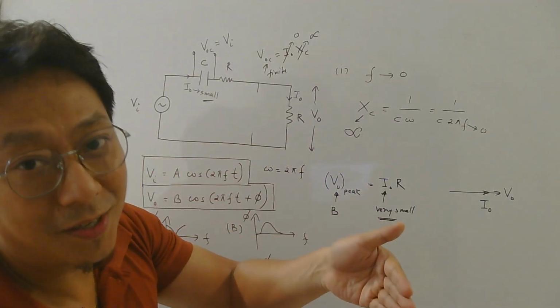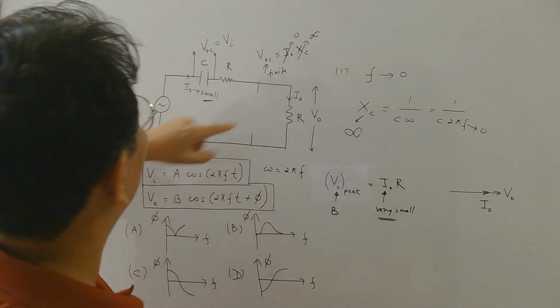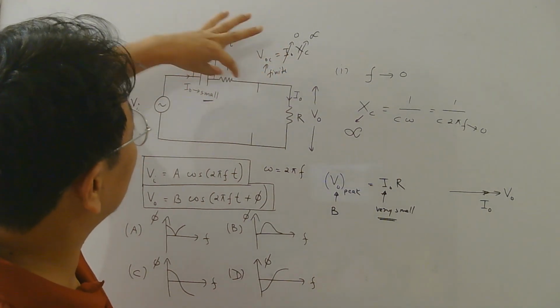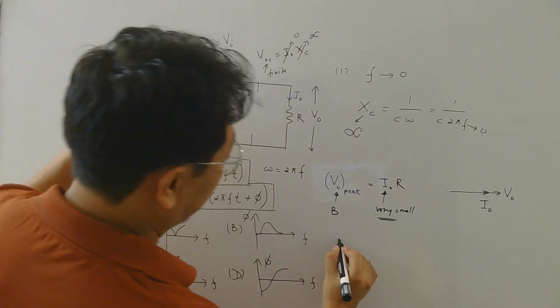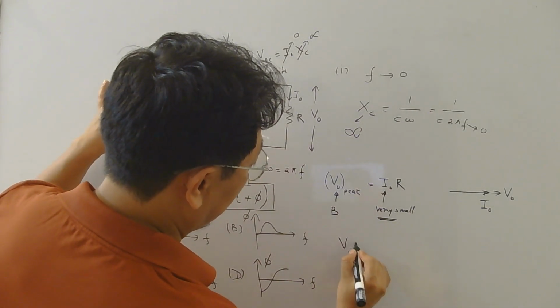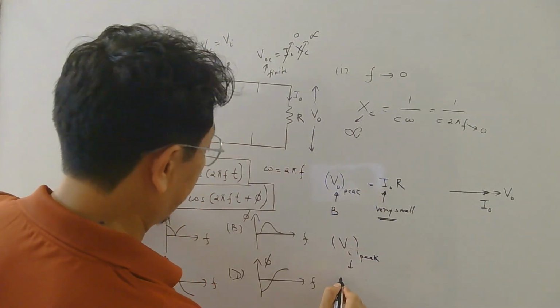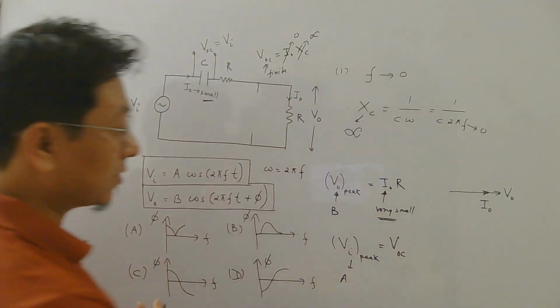So this product will be a finite value, right? Finite by infinity is 0, isn't it? So this doesn't have to be 0. So this voltage is finite, but these two voltages are tending to 0. Therefore the applied input voltage, peak value, which is actually A, that will be same as peak voltage across capacitor.